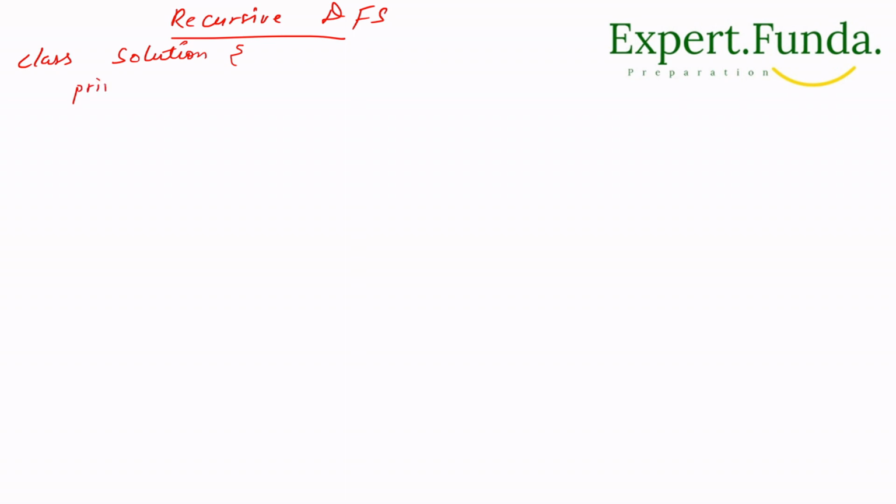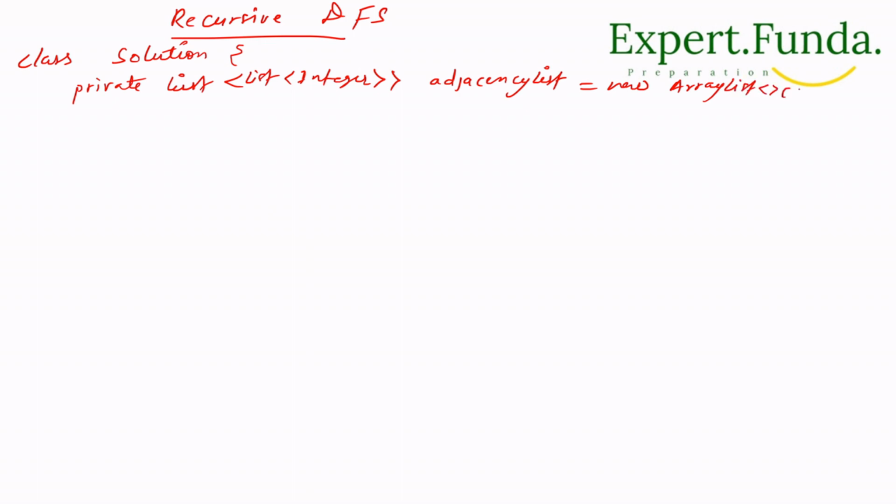We'll take a private list of list of integer, which is our adjacency list, and this is new ArrayList. This is done.